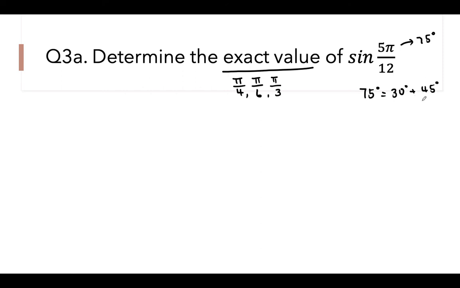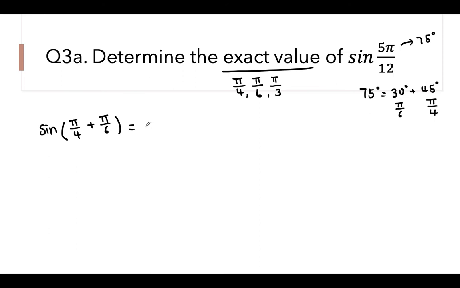One or the other. So 30 degrees is going to be pi over 6, and 45 is going to be pi over 4. So let's break it into a compound formula. I will start with 45, so sine of pi over 4 plus pi over 6. Now using the compound addition formula, I'm going to plug it in.